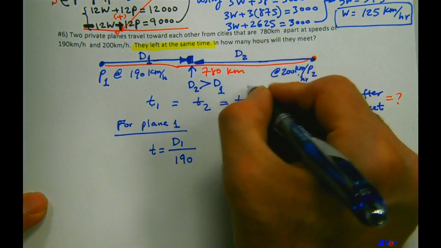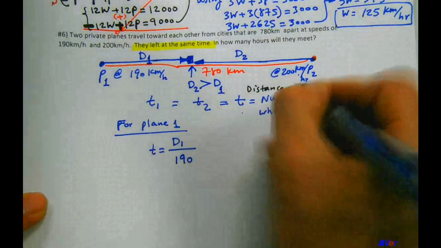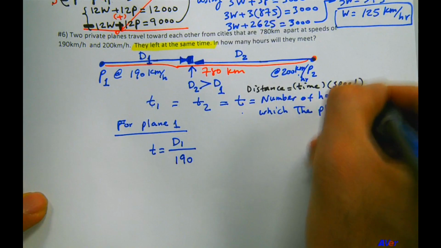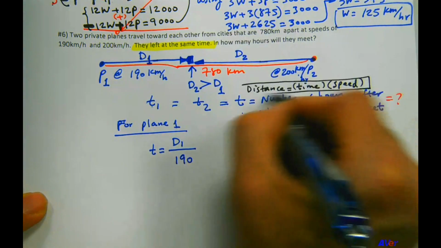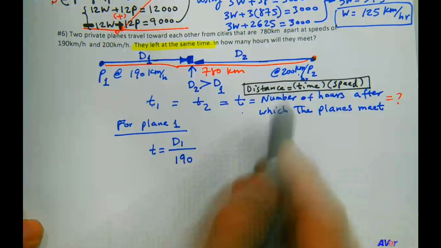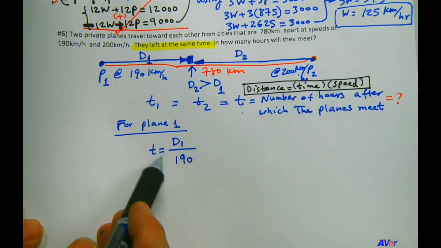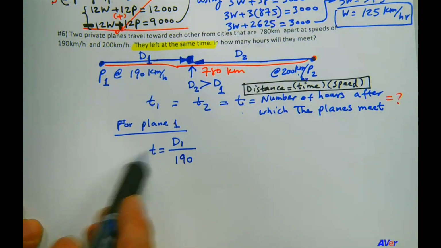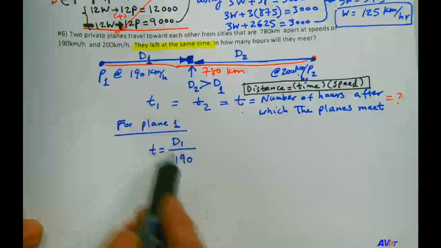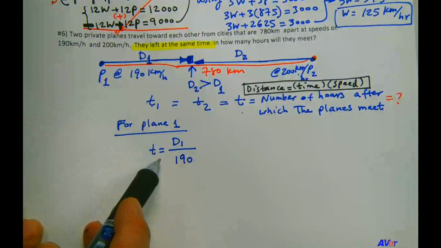Distance equals time times speed. Okay, we know that from basic physics, for constant speed, that is. So then time is equal to distance divided by speed, which is what I've done. Because we're solving for time, we need to find the time in relation to the distance and the speed. For plane 1, that's what it works out to be.